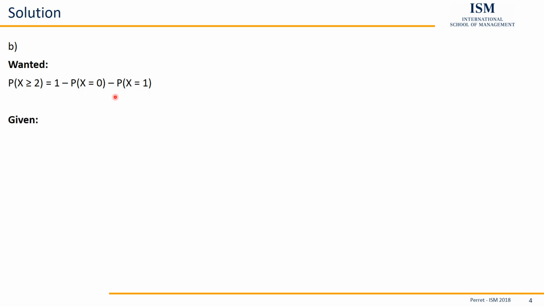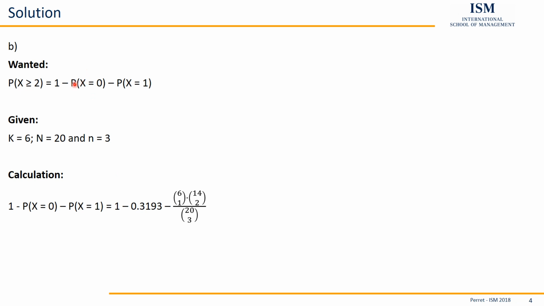The information we have is still the same as in the first part. So it's a large K of 6, a large N of 20, a small n of 3. Then if we calculate this, for this probability we're going to take the value we have from A. And for this one, we calculate 6 over 1, so large K over small k.